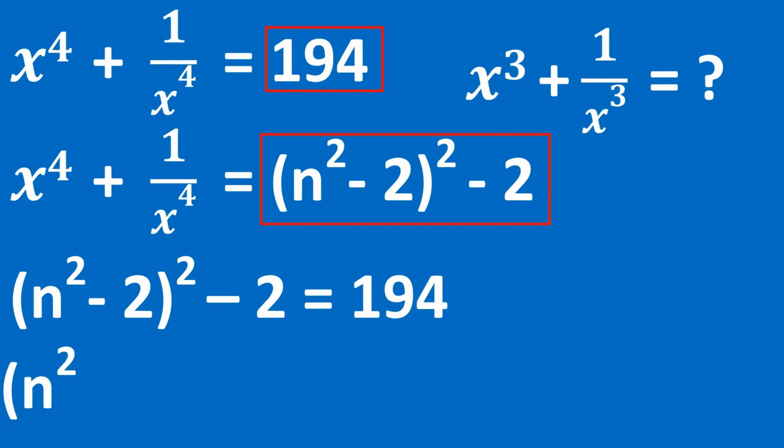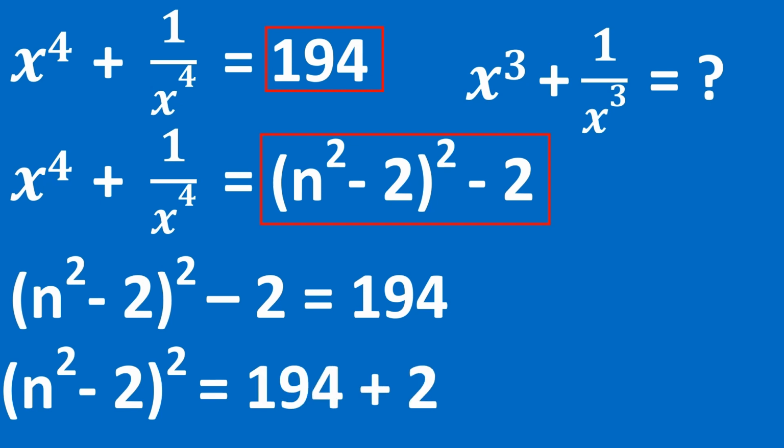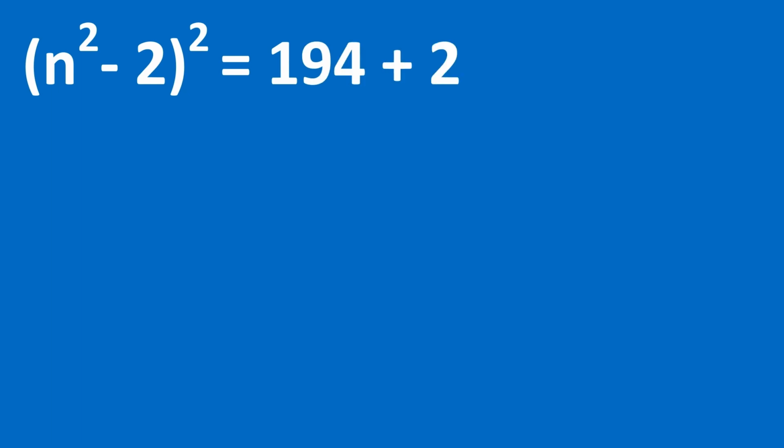And by the time we take the negative 2 on the left-hand side to the right-hand side, it now becomes 194 plus 2. That is, (n squared minus 2) all squared is now equal to 194 plus 2.